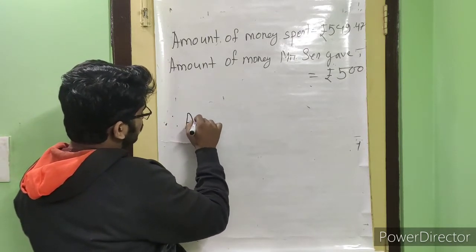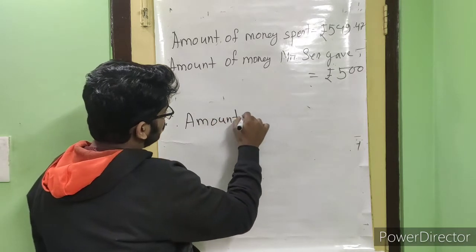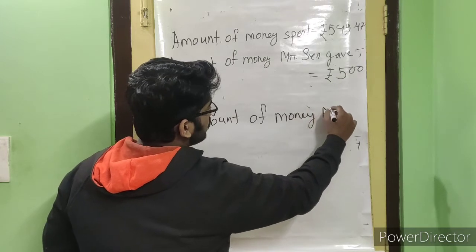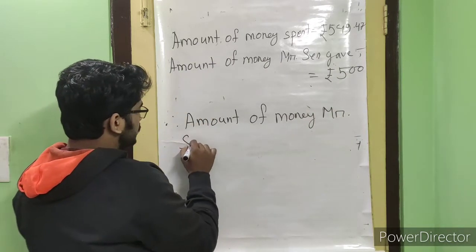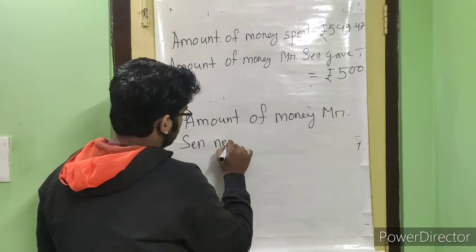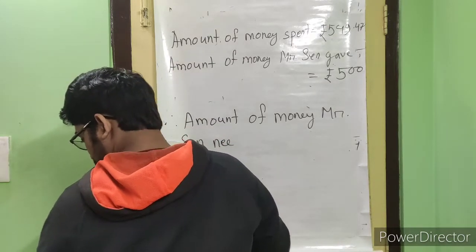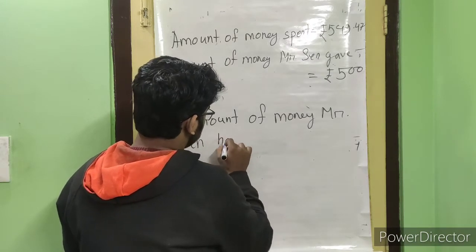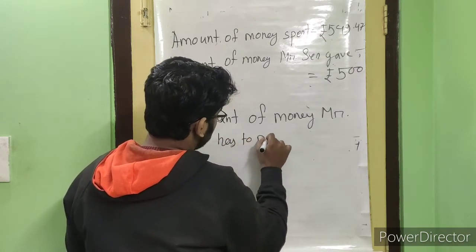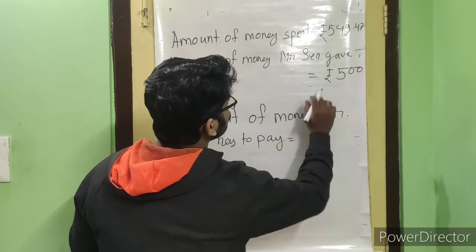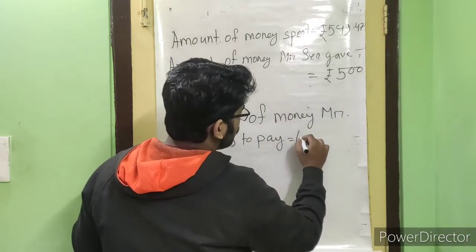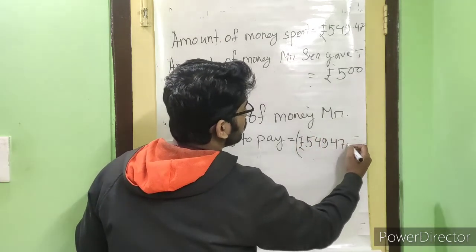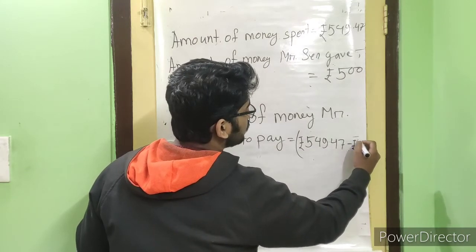Therefore, amount of money Mr. Sen has to pay equals rupees 549.47 minus rupees 500.